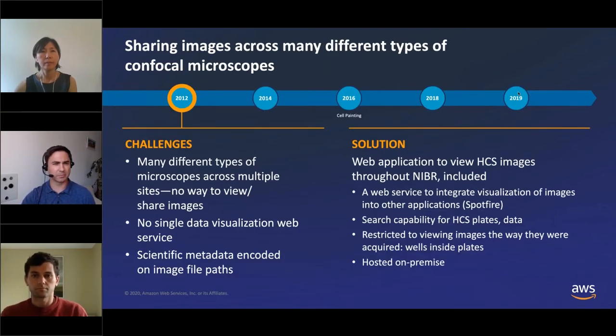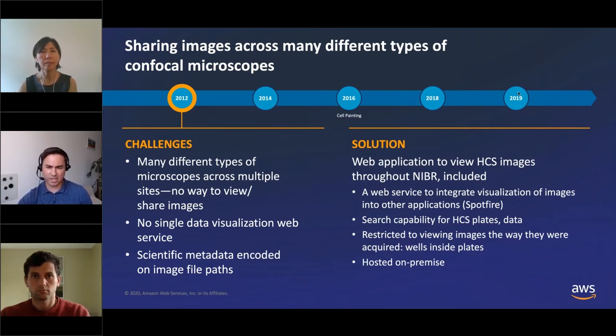So that's cell painting a little bit. If I back up a little bit, we talk about showing images, right? One of the challenges we had in the beginning was that we had all these different types of microscopes in different sites, and there was no way to view or share the images with other scientists. There was no visualization web service, and the scientific metadata was encoded on image file paths.